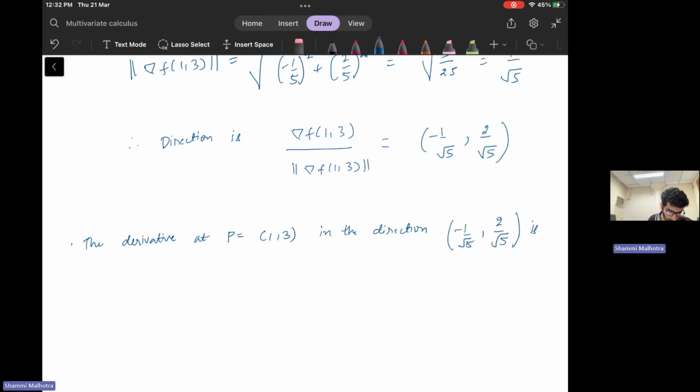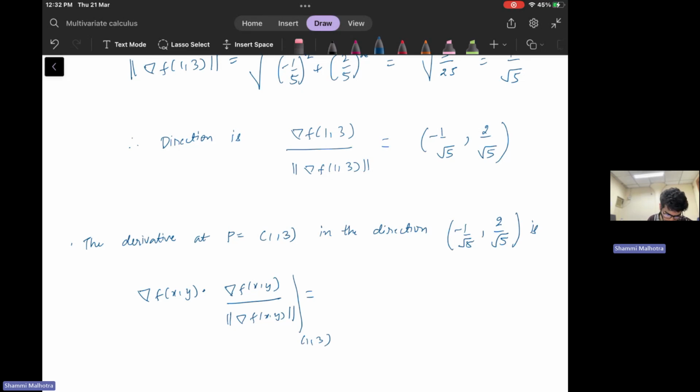This is just, I have to take the dot product of the gradient with the direction vector. So I have to evaluate this at 1 comma 3.